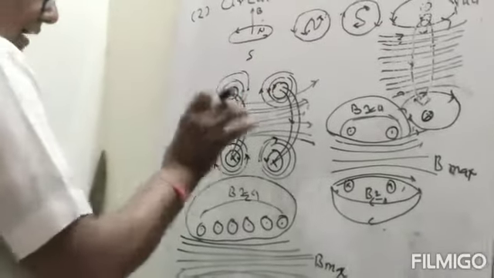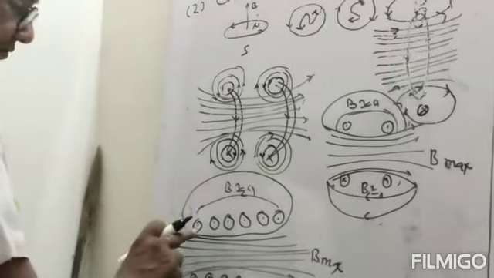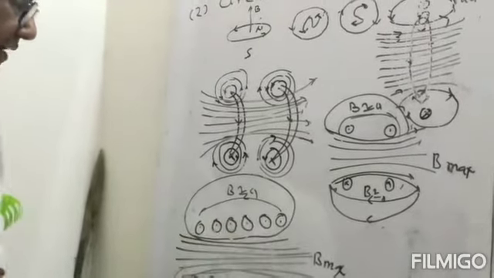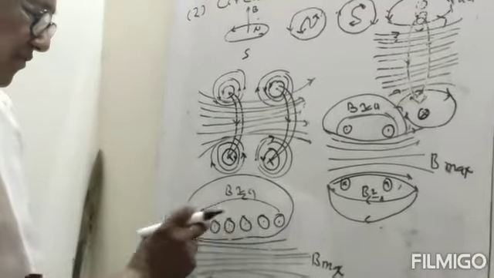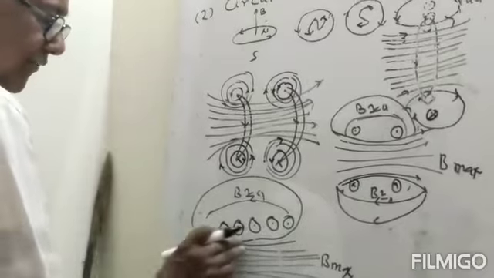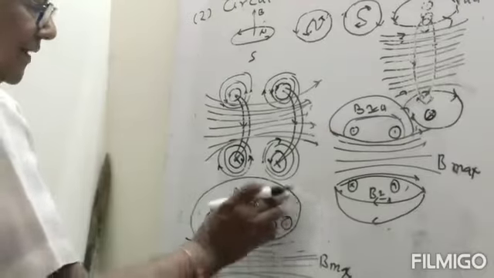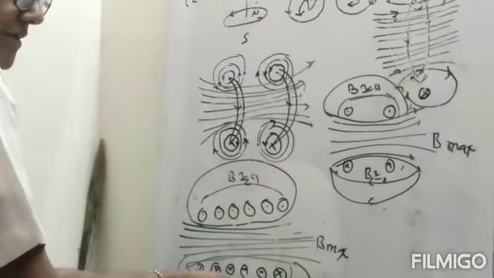If instead of two turns we have a large number of turns, this is the first turn, this is the second turn, third turn, fourth turn and so on, then the resultant magnetic field between them will be cancelled and the magnetic field will be maximum inside, and nearly zero outside the coils.